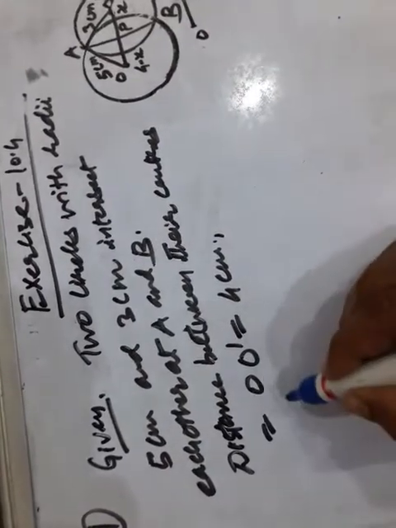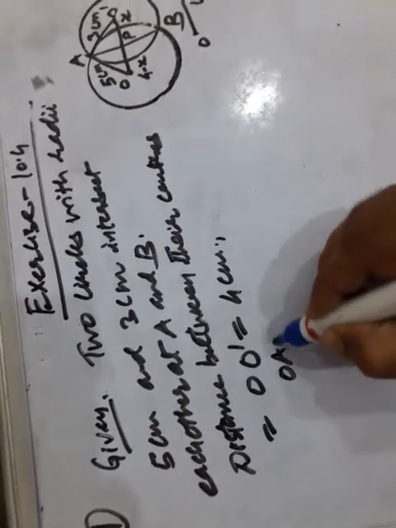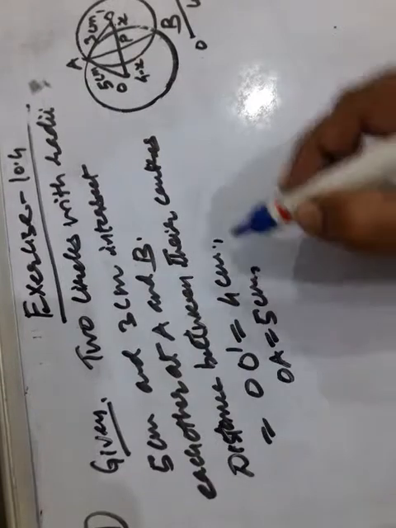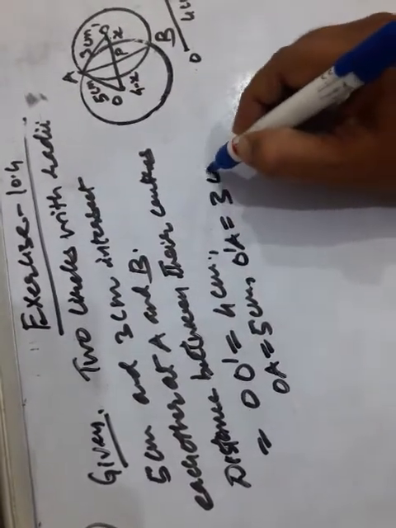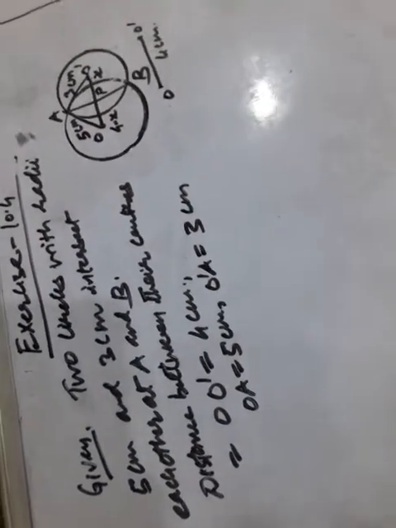And OA equals 5 centimeter, O dash A equals 3 centimeter. Okay, children.